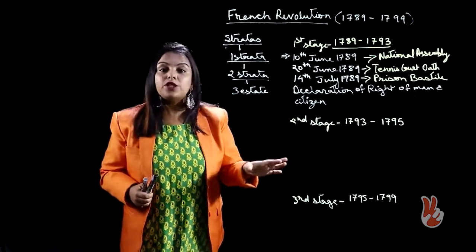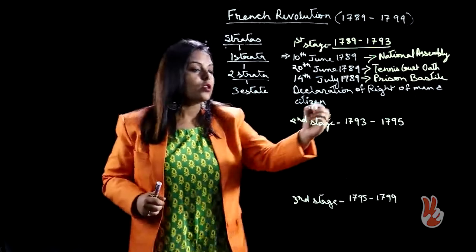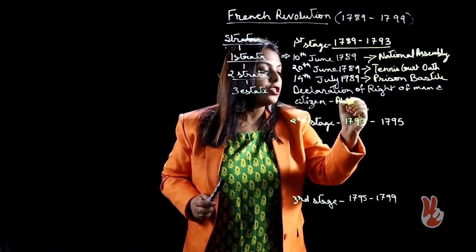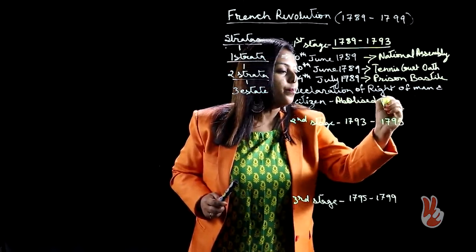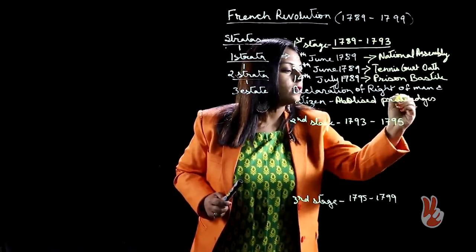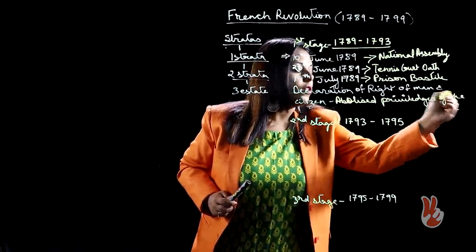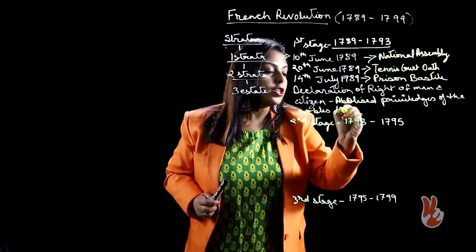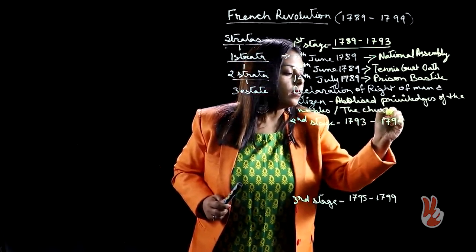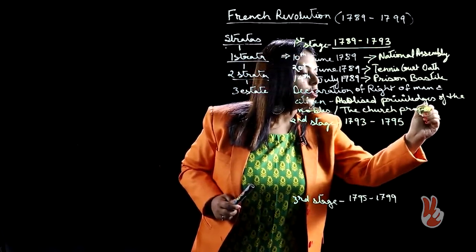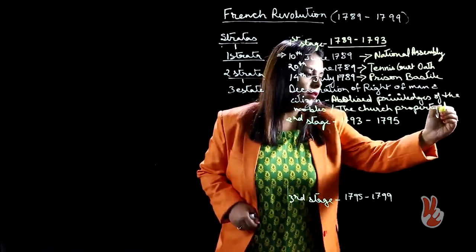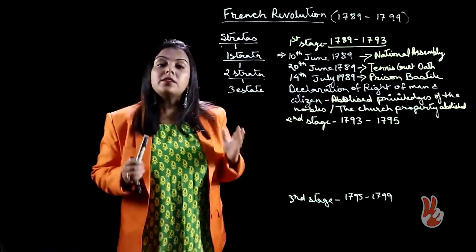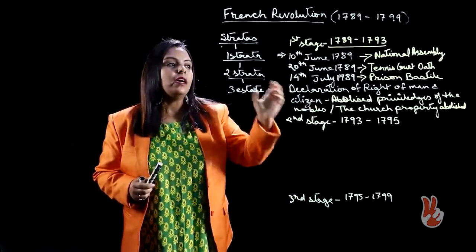This document established the rights of the people and it also abolished the privileges of the nobles, and the church property was also abolished. Okay, abolished or confiscated.